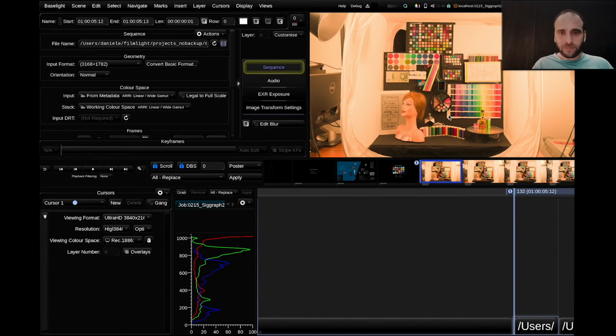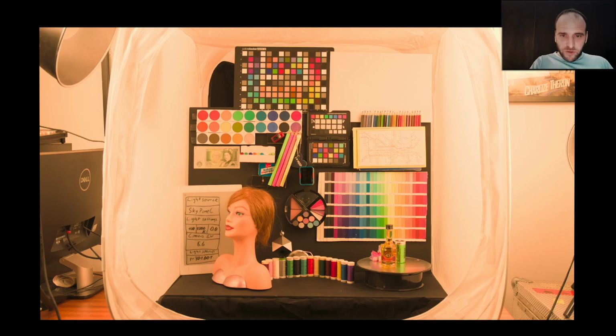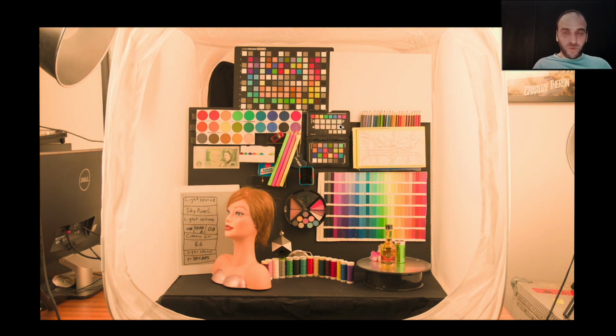Let's do this. We go full screen. What we've done is we've shot a color temperature bracketing here. So we used an LED light source with tunable lights, and we went from 2800 Kelvin all the way to 10,000 Kelvin.